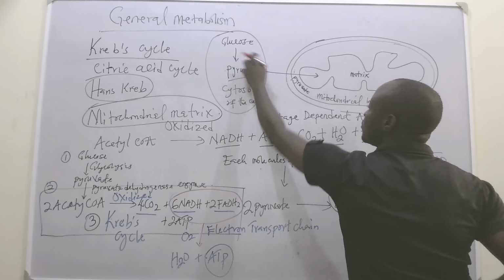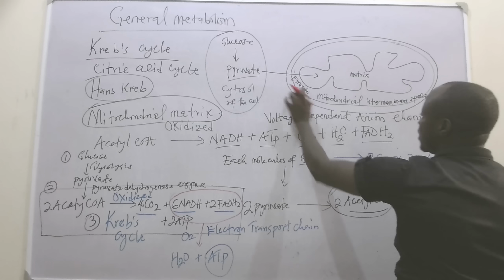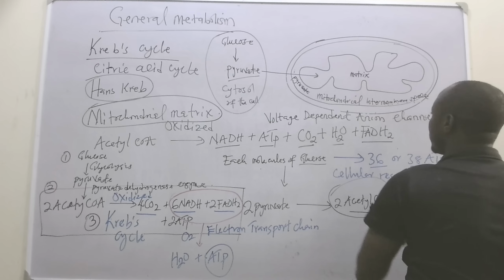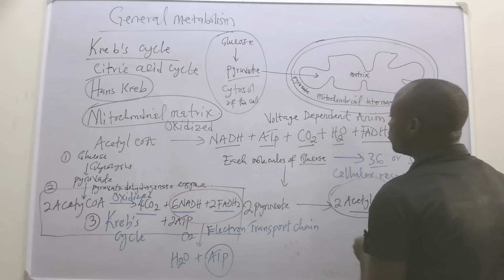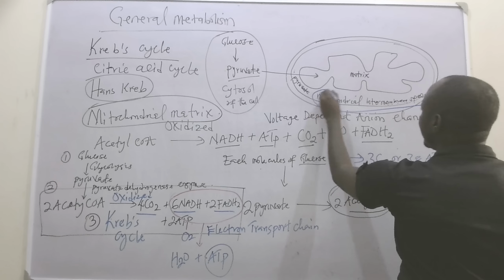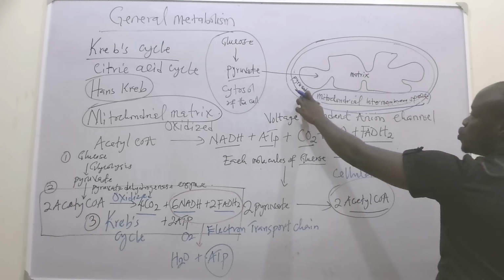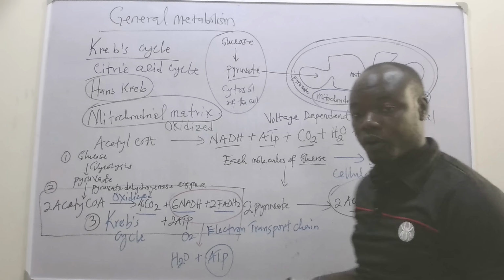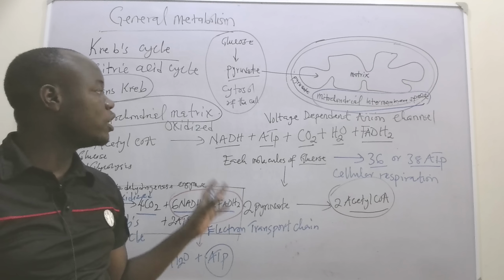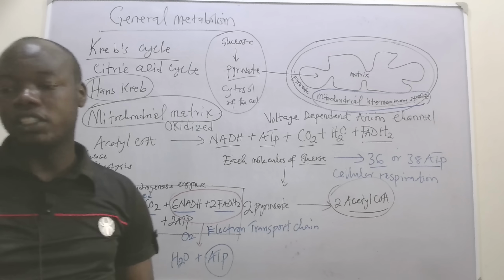So it means that the pyruvate from the cytosol gets itself into the mitochondrial inner membrane space using a voltage-dependent anion channel.